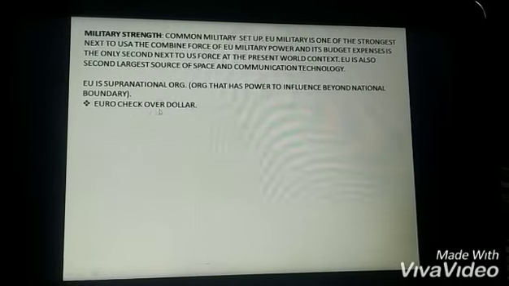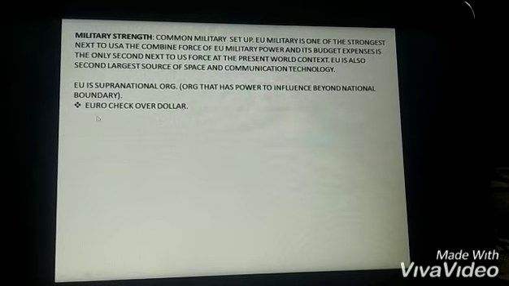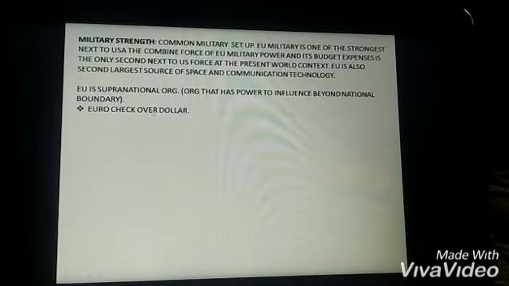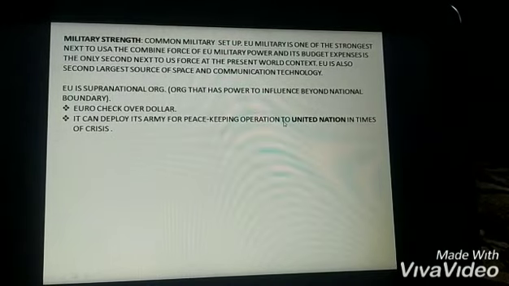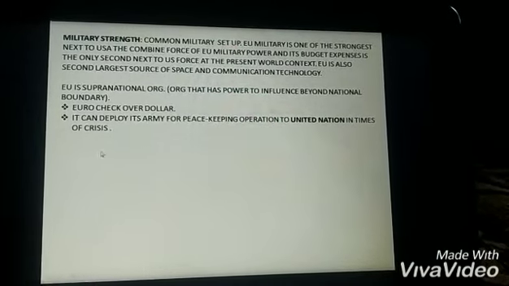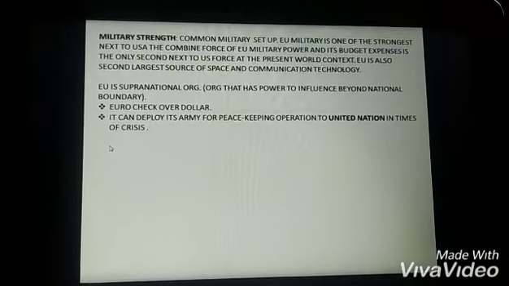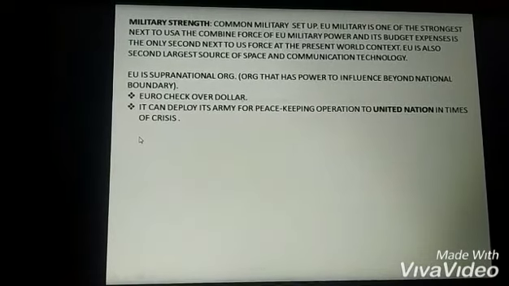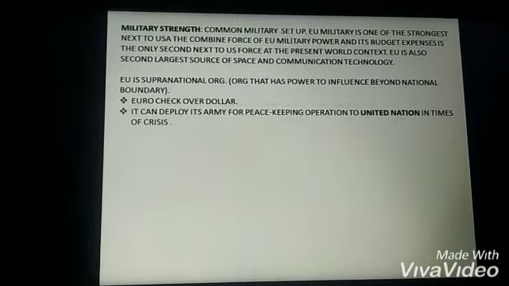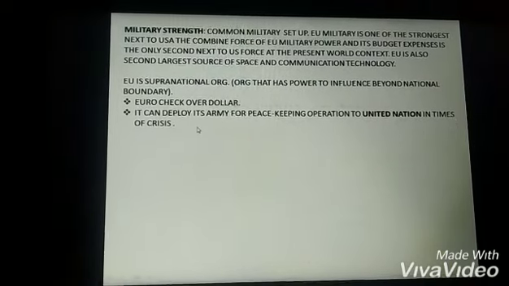It is trying to keep the growth of the dollar, so that the growth of the US economy is being kept under check. And it can deploy its army for peacekeeping operations to the United Nations in times of crisis. Like I've told you, the European Union has the second largest military strength in comparison with the USA.